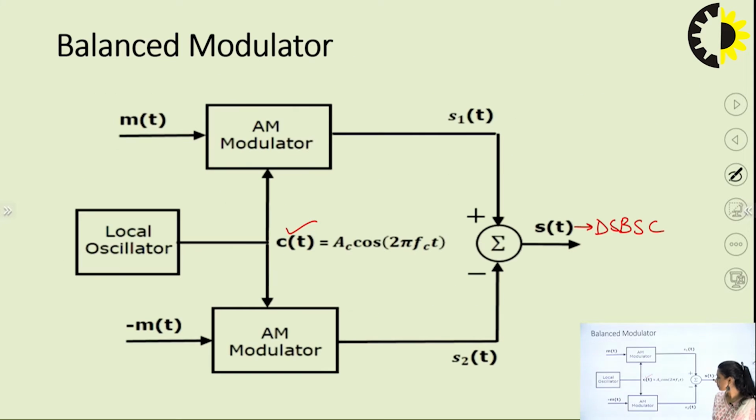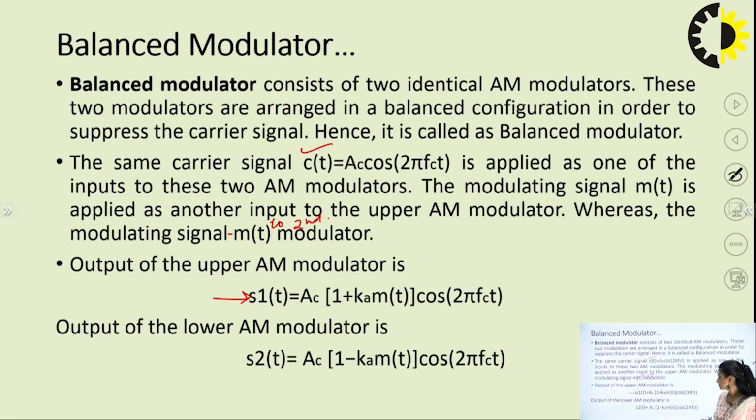How can I see S1? Let's see. S1 will be simply multiplication of the modulating signal with c(t), right? So this is an expression for my amplitude modulated waveform, s(t) equals Ac into 1 plus Ka m(t) cos 2 pi fc t, which we are pretty familiar with, right?